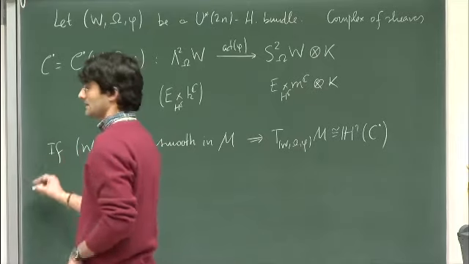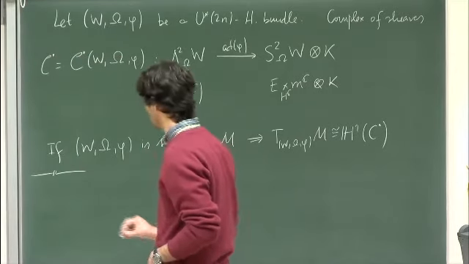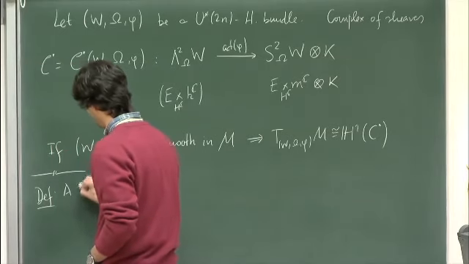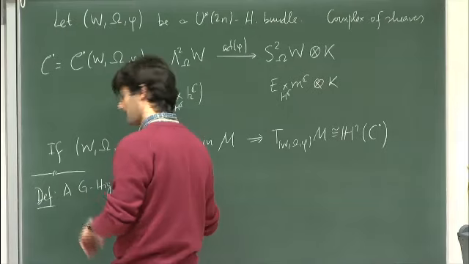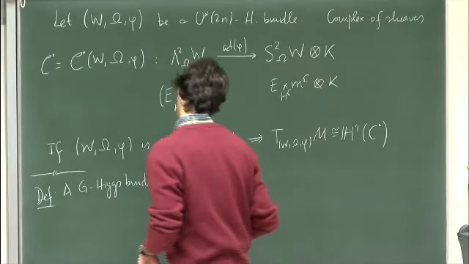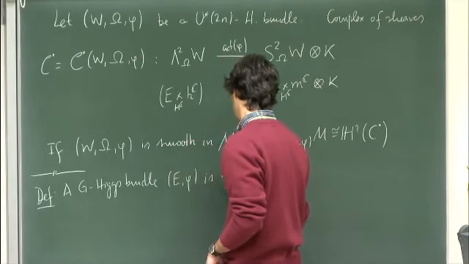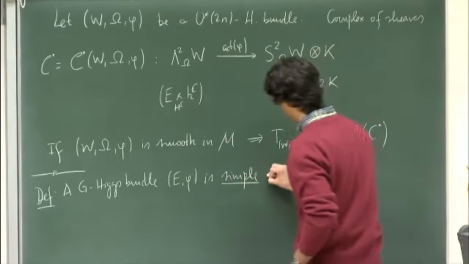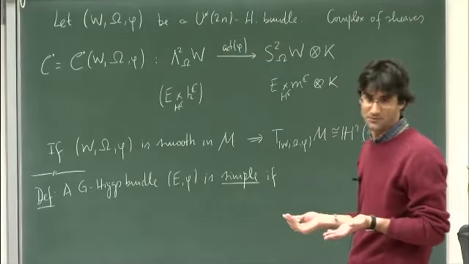Now, let me just introduce a new definition. A G Higgs bundle (E, phi) is simple if it has the least number of possible automorphisms.